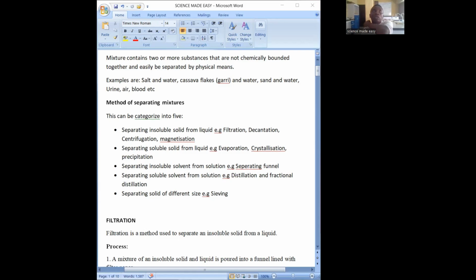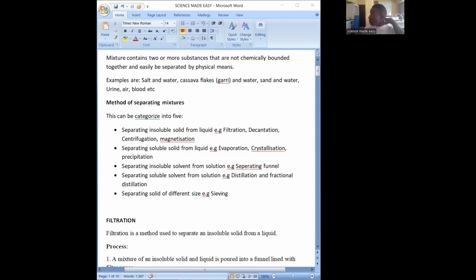Or you fetch water that contains some dirt, you allow the dirt to settle at the bottom of the bucket, then pour the water little by little. That's decantation. It is usually used to separate dense, insoluble solid from liquid.